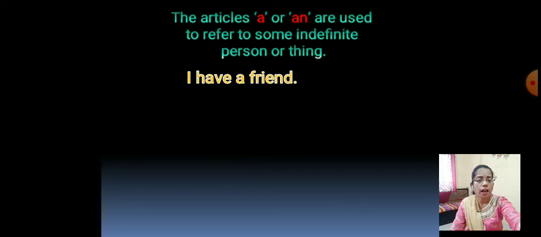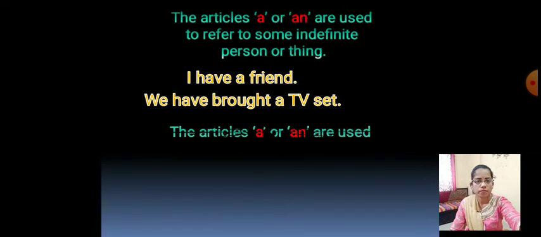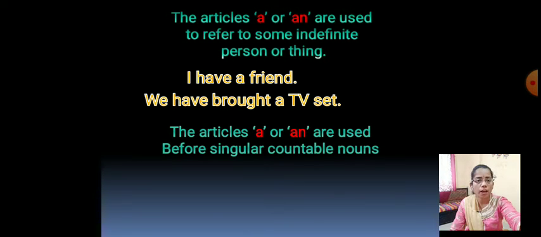See, I have a friend, so that is indefinite. We have brought a TV set. The articles a or an are used before singular countable nouns.